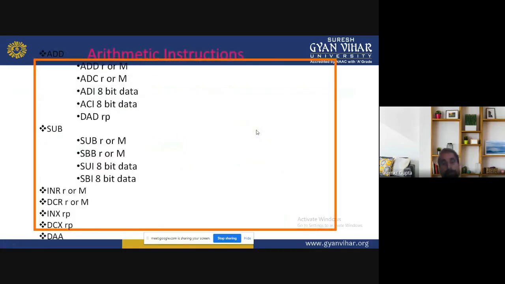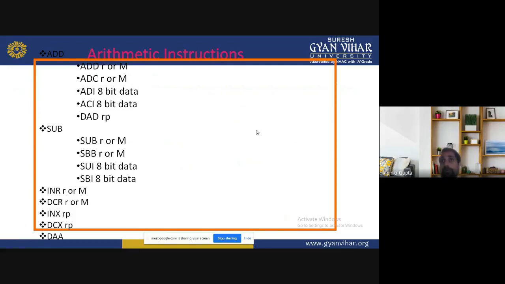Now come to the arithmetic instruction group. In the previous slide we saw only data transfer from one to other. It may be register to memory, or memory to register. Like that we can transfer data. But in this group we can perform arithmetic operations: addition, subtraction, increment, decrement.